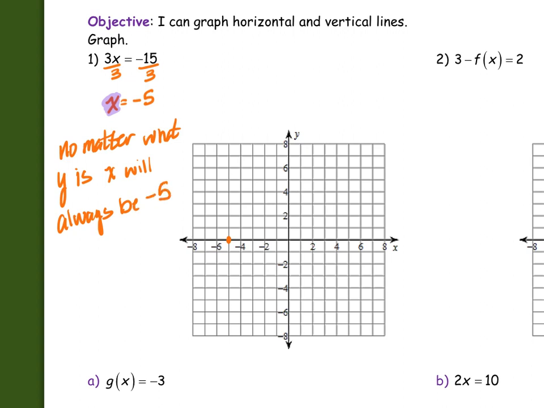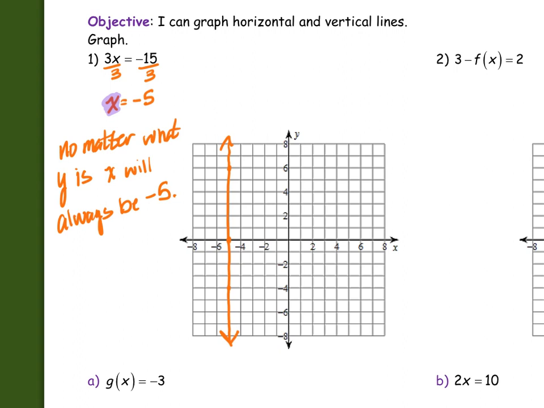So that means if y is 6, x is negative 5. If y is negative 4, x is negative 5. So that means that this is what my line is going to look like. X will always be negative 5. Therefore, it's a vertical line.